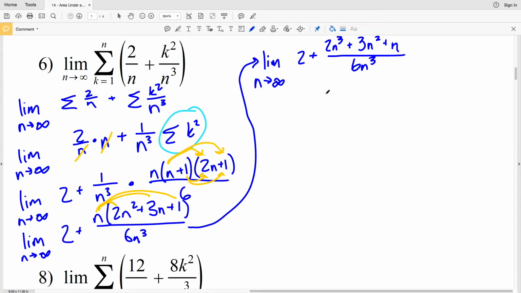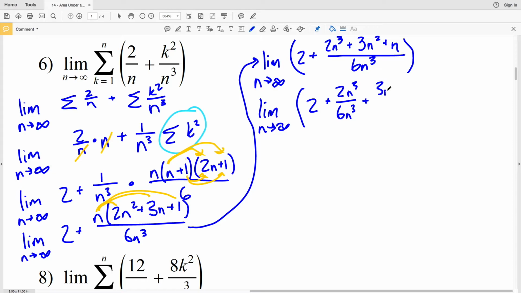Now I'm going to split up that fraction to simplify. So I'll have the limit as n approaches infinity of, and I'm doing the limit of this entire term, so if you need to, include those parentheses, 2 plus 2n cubed over 6n cubed plus 3n squared over 6n cubed plus n over 6n cubed.